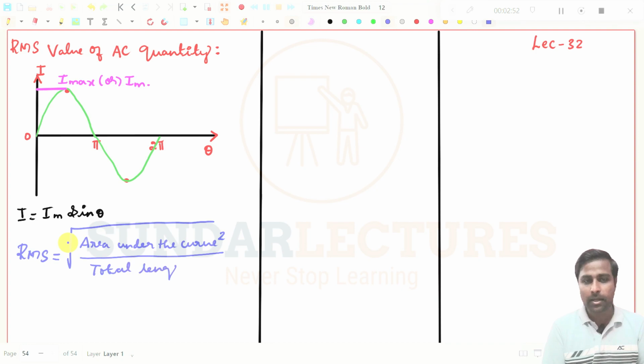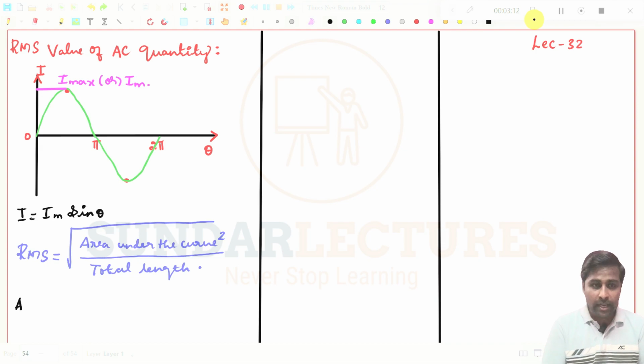This has to be the formula to find the RMS value. So what is the average area under the curve? I try to write the area under the curve.